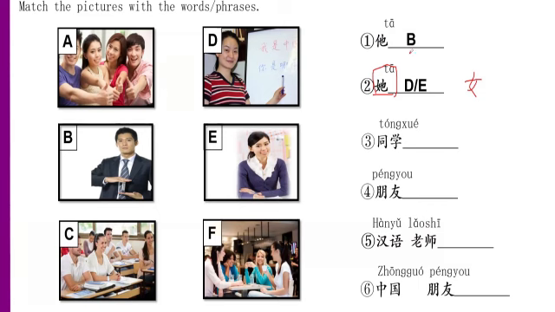The left side of this other character means a person, so this ta refers to a male. That's what I told you, it is very important to master the Chinese characters. Okay, number three, how to read this word?